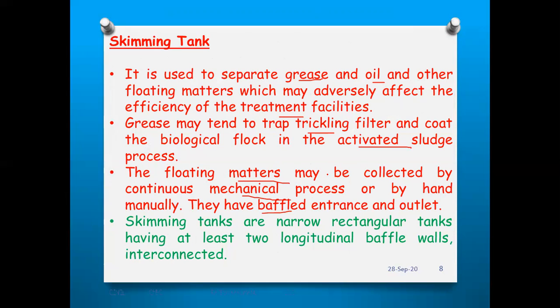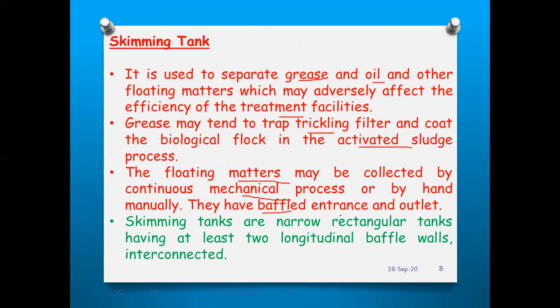The floating matter may be collected by a continuous mechanical process. The water coming from the earlier process, that is from the grit chamber or the comminutor, flows continuously from chamber to chamber, and the matter is collected by a continuous mechanical automated process, or it may be done manually.